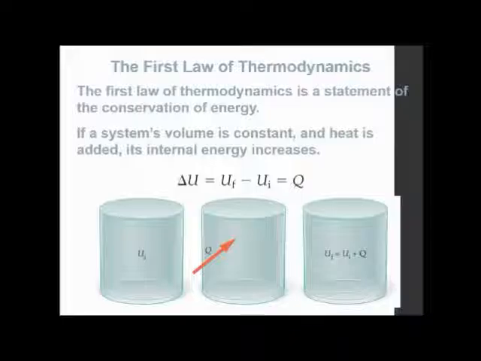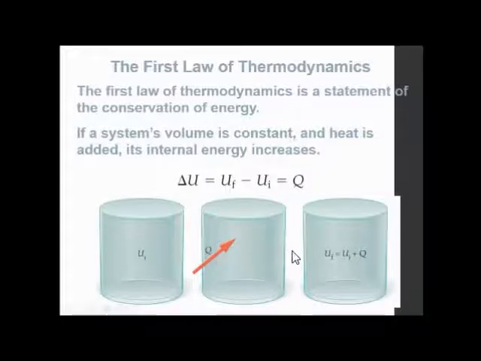Now coming to the next law, that is the first law. This is a very well known law, the law of conservation of energy, or better known as the first law of thermodynamics. If you consider this diagram, let this cylinder have internal energy U1 and some amount of heat Q is given to it. If a system's volume is constant and heat is added, then there will be an increase in the internal energy.